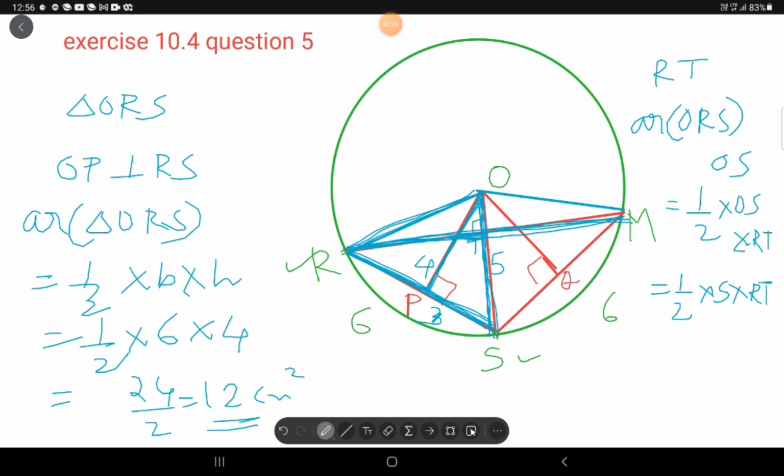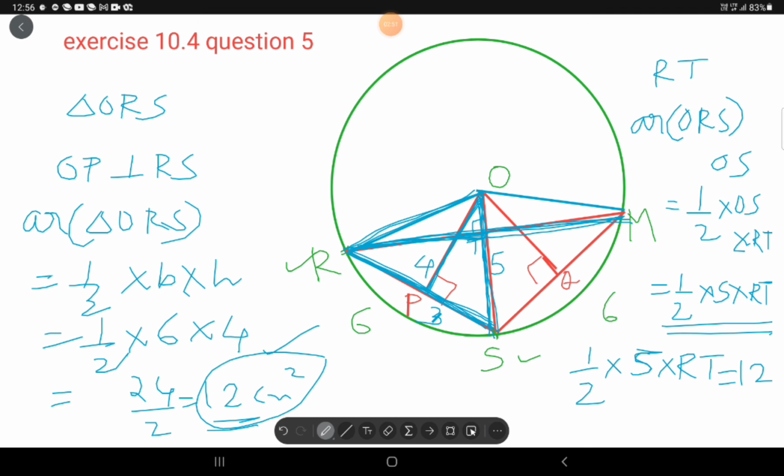Now the area of the triangle will be the same whichever base you use. So this value is equal to 12 centimeter square. So 1 by 2 into 5 into RT is equal to 12. That is 5 by 2 RT is equal to 12.